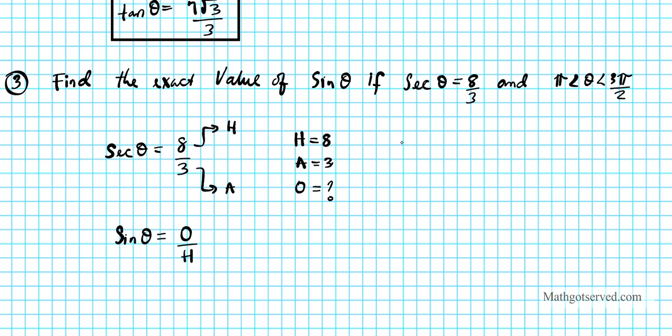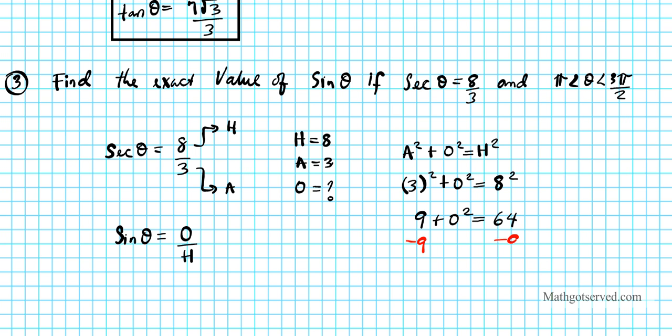So to figure this out, we're going to use our Pythagorean theorem, Pythagorean identity, a squared plus o squared equals h squared. So let's see. I use this equation to find o, so we can know what sine is, okay? So a is 3 squared plus o squared equals 8 squared. Alright? So 3 squared is 9 plus o squared, 8 squared is 64. So we subtract 9 from both sides.